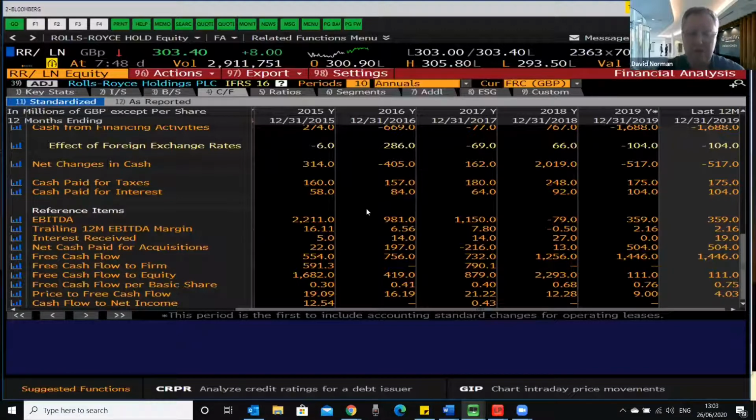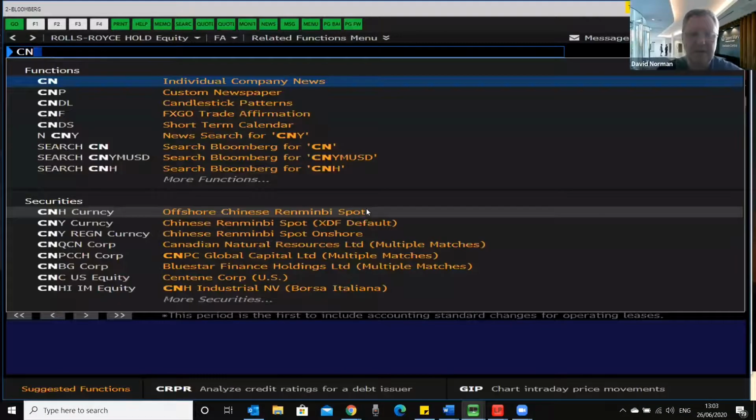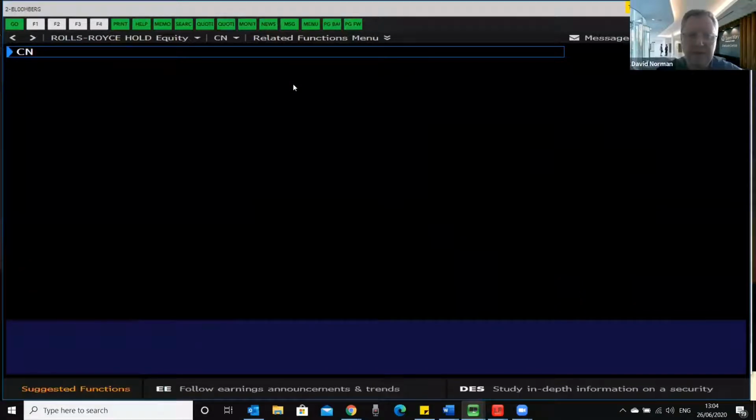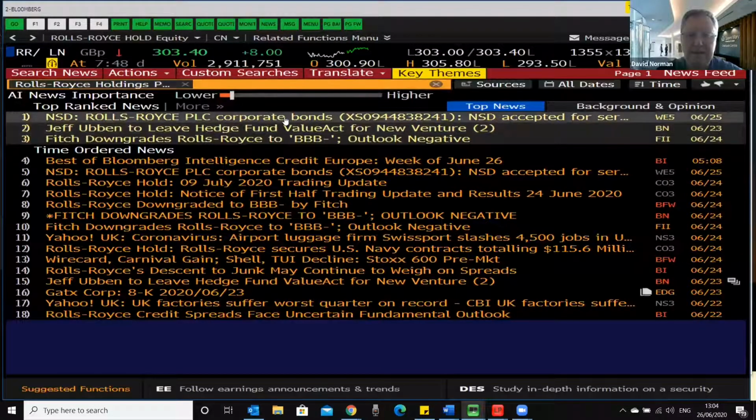Now, we can also start to look into what Rolls-Royce is doing in terms of business. We can look at the company news. We can go to CN, which will give us individual company news, and we can then drill down into what Rolls-Royce is actually doing and why we should be, perhaps for investment purposes, interested in this particular stock.